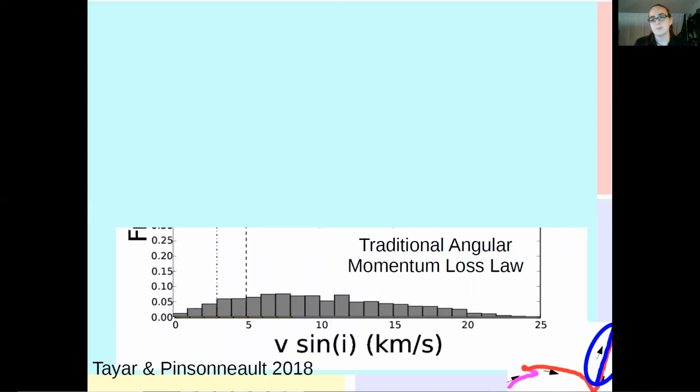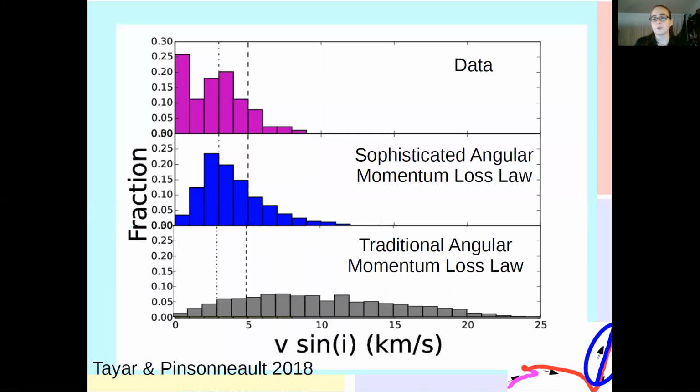However, that was using a more traditional angular momentum loss law, and recent work has suggested that we need a more sophisticated angular momentum loss law that specifically parameterizes the angular momentum loss as a function of the convective overturn timescale, the luminosity of the star, the photospheric pressure, and so on. And when we look at the data of the distribution of surface rotation rates in this regime, we see that indeed we do need that more sophisticated treatment of angular momentum loss if we're going to match the distribution that's actually observed.